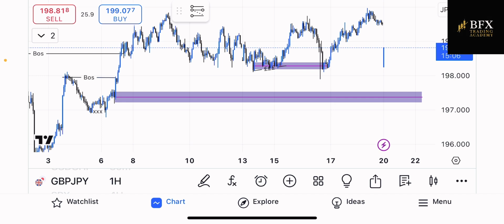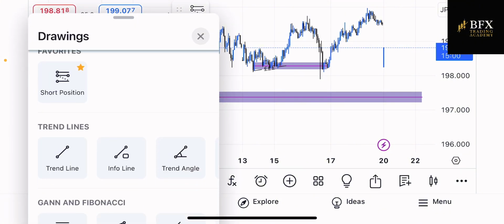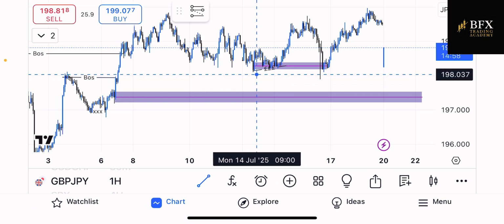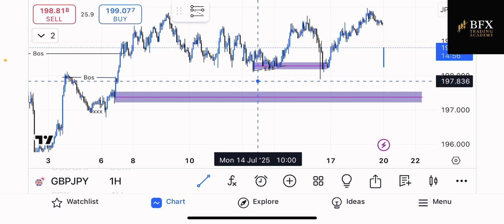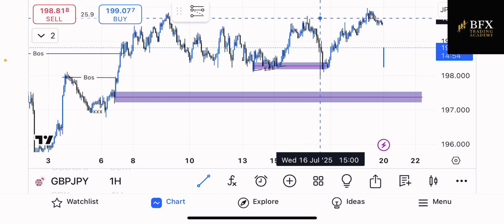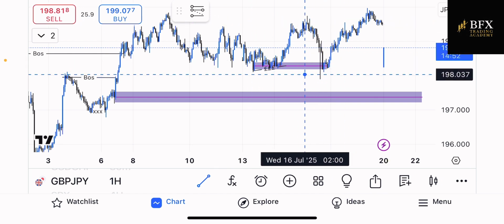So there are two things about this trade. Guys, you can see, I said after a sweep there's a BOS. Now there's a BOS and there's a sweep. There are two things about this trade.